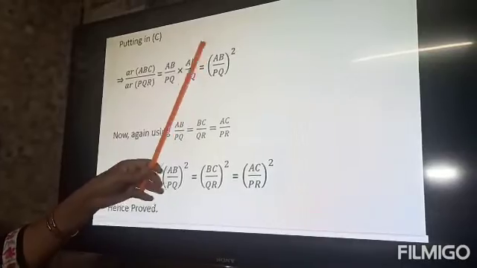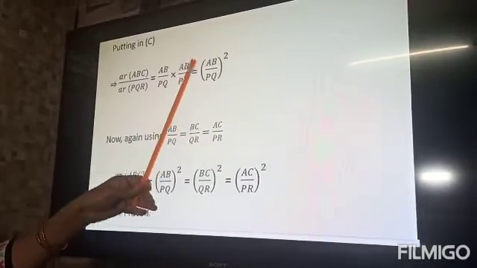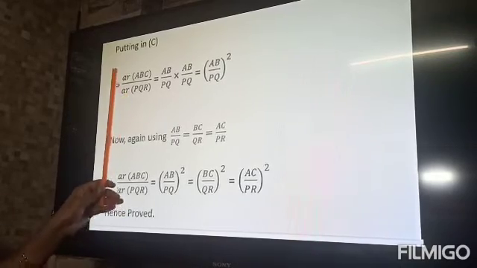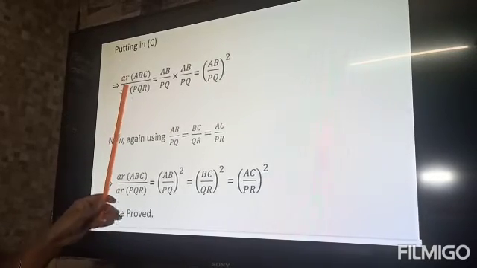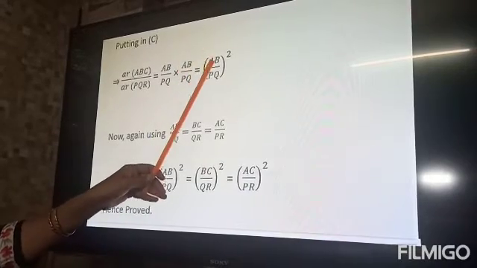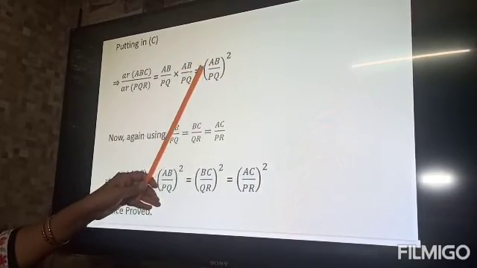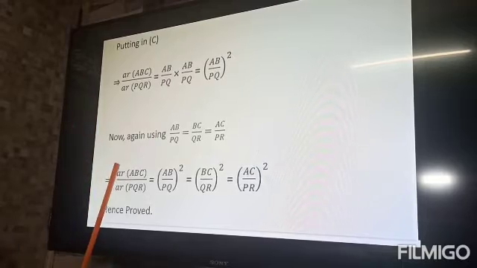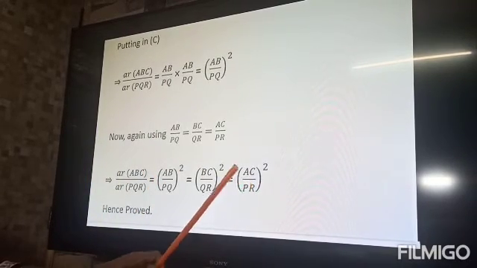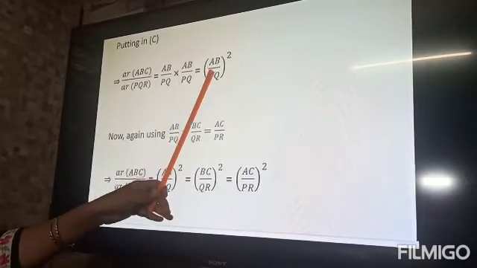Here we took one pair of corresponding sides and showed that the ratio of areas of similar triangles is equal to the square of their corresponding sides ratio. In the same way, we can write this for any pair of corresponding sides, not only this pair.